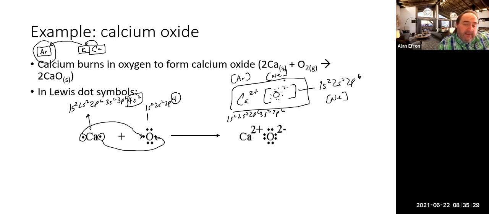Oxygen, by accepting those 2 electrons, is able to achieve the noble gas configuration of neon. Again, the purpose of bonding is for everybody to get to that group 8 situation and that noble gas situation. Questions on that there?